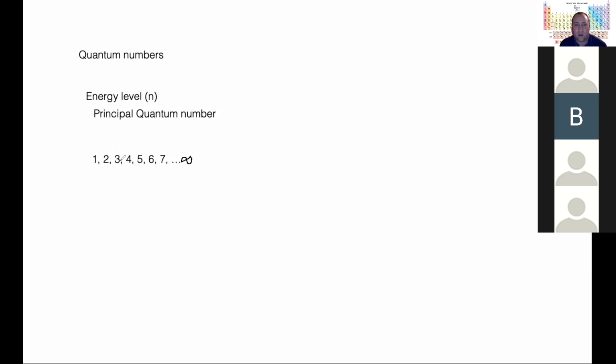And so the principal quantum number focuses on that energy level. And so this is kind of the most broad information that we can think of when it comes to electrons. What energy level is it in?